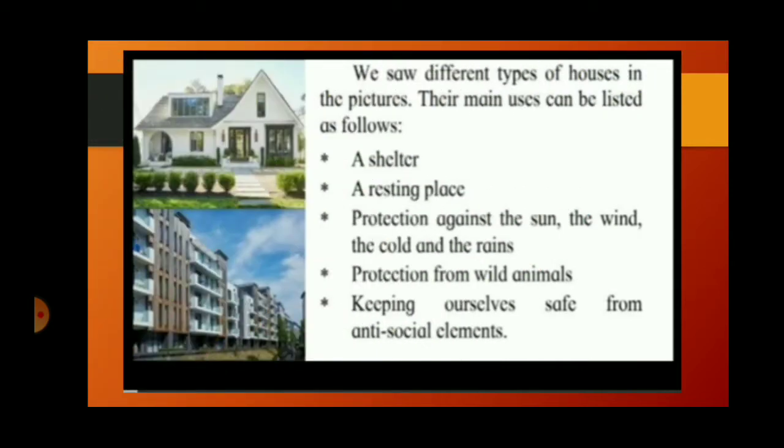You just observe this picture. We saw different types of houses in the pictures. Their main uses can be listed as follows, and I'm going to read them. A shelter, a resting place, protection against the sun, the wind, the cold and the rains, protection from wild animals, keeping ourselves safe from antisocial elements.